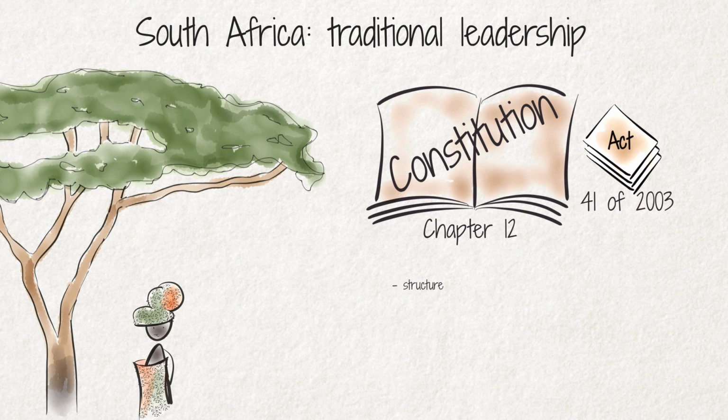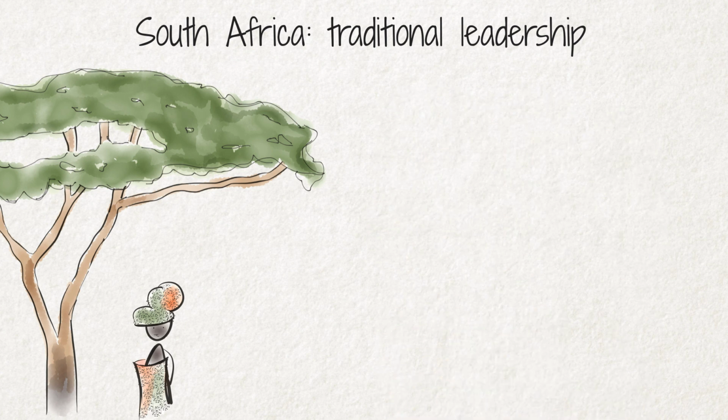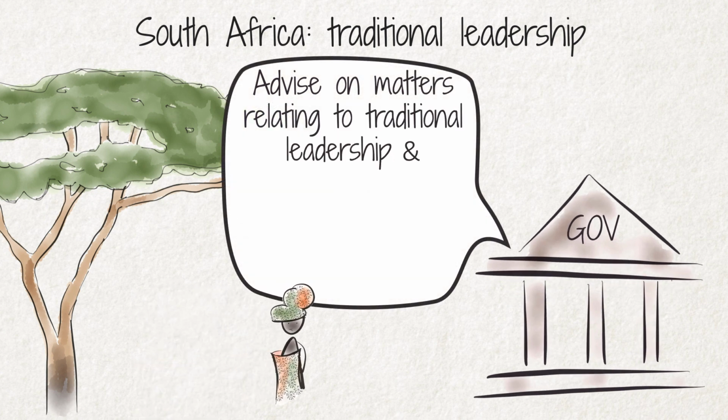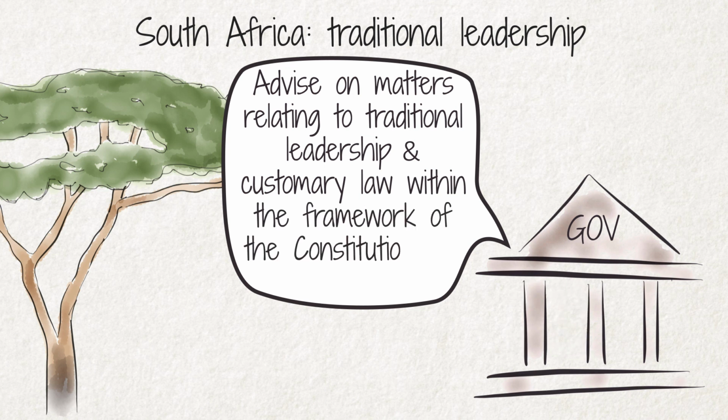This act outlines the structure, functions, and responsibilities of traditional leadership groups and how they work with government. Traditional leaders may carry out an advisory role to government on matters relating to traditional leadership and customary law, under the condition of operating within the framework of the Constitution and common law.